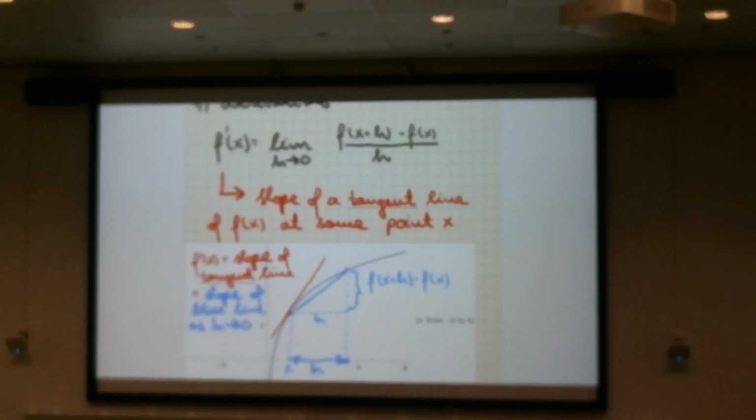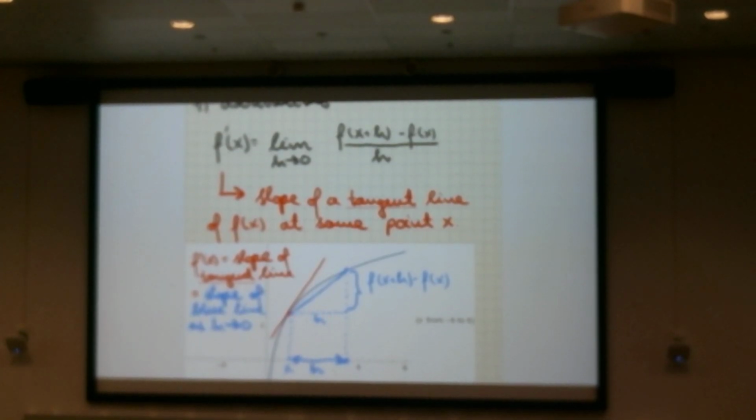So we cannot find a slope from one point of this red line, but we can find the slope of a blue line, like this. And in order to obtain the slope of this blue line, I need to take a ratio. I need to take this difference, and I need to divide by h. That's the definition of the slope. And then we shrink this h to 0, so it becomes very, very small.